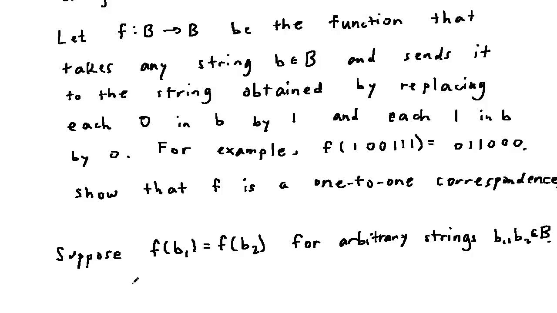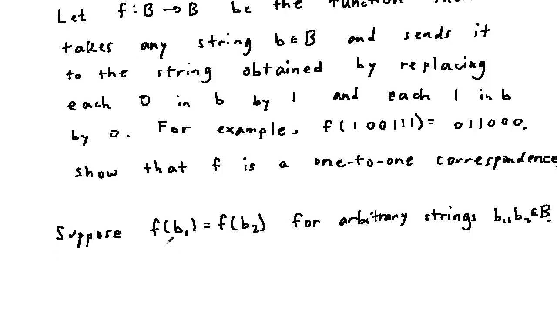Okay, if we replace each 0 in the string f(b1) with a 1 and each 1 with a 0, the result will be the same if we did the same thing to f(b2), because f(b1) and f(b2) are the same string.